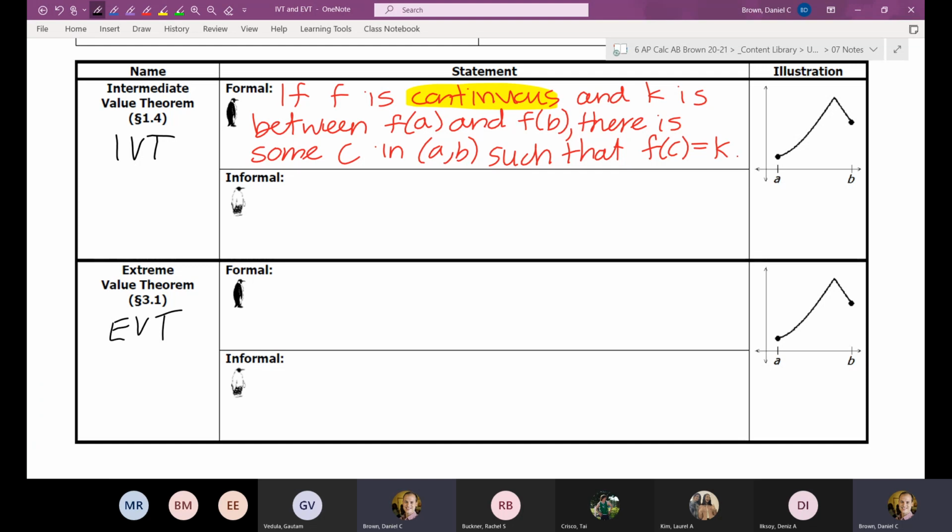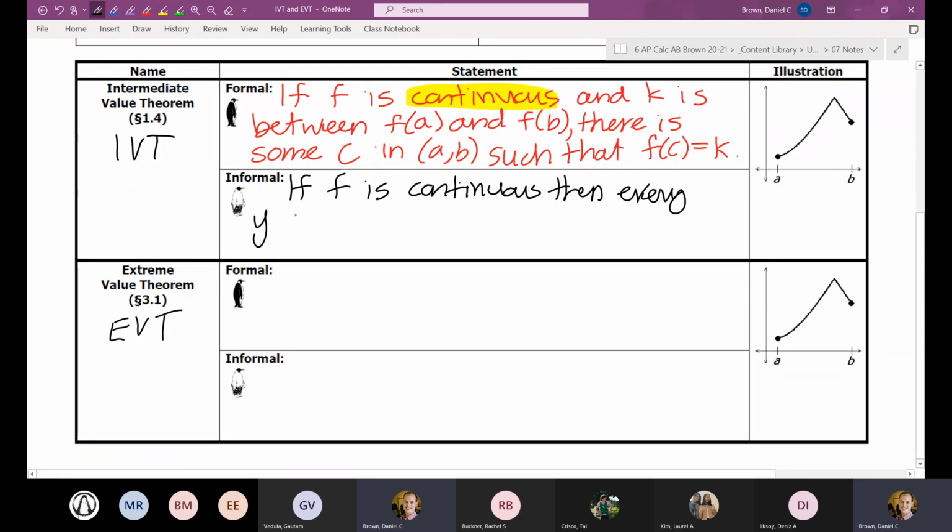And basically what the intermediate value theorem states, if I were to take that math definition and put it informally, is that if f is continuous, then every y value between a start and an ending value exists.